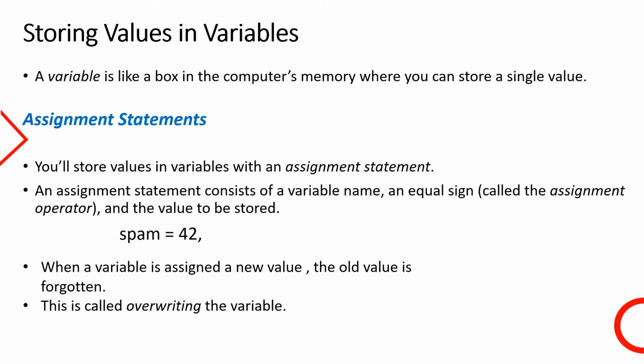It is a very easy topic. A variable is like a box in computer memory where you can store a single value. In Python, how do you assign a value to a variable? You just need a variable name, an equal sign, and a value to be stored.